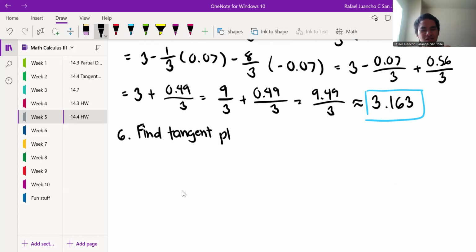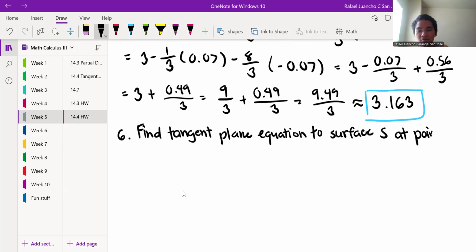Find the tangent, did I say tangent line? I meant tangent plane equation to a surface S at point P. And this point P is (3, 1, 4).